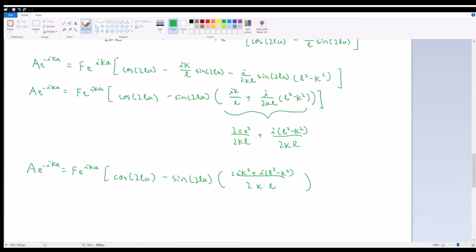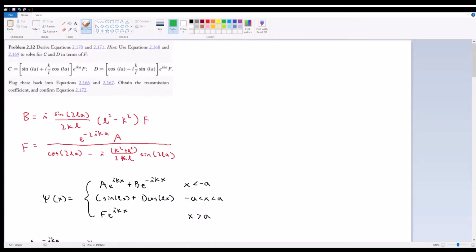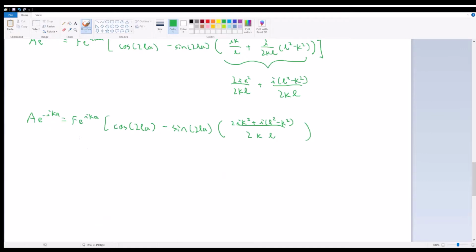Let's see. So up above here, we have f in terms of a, so we're going to reverse this relation. F is then equal to a times e to the negative 2ika, and we're multiplying by 1 over this entire thing.